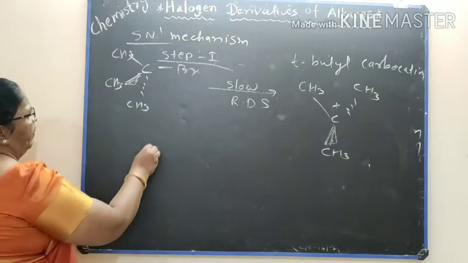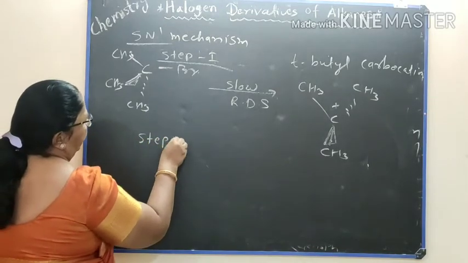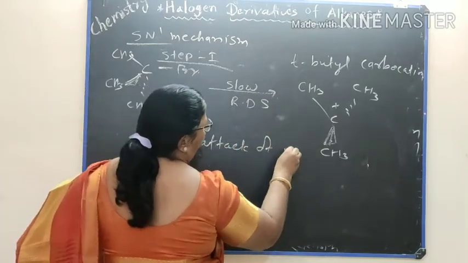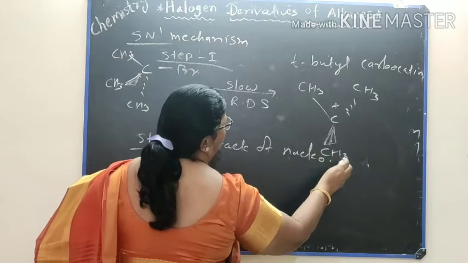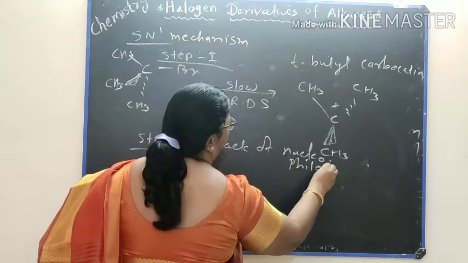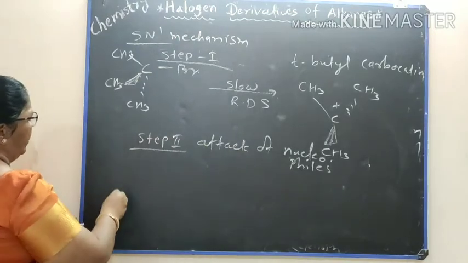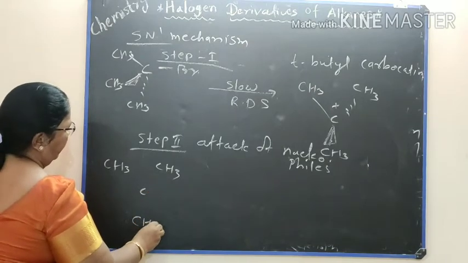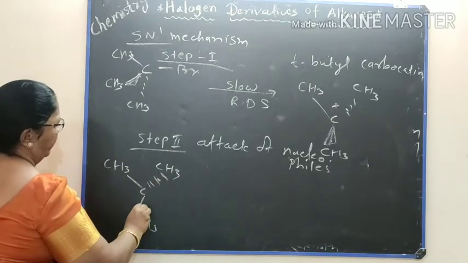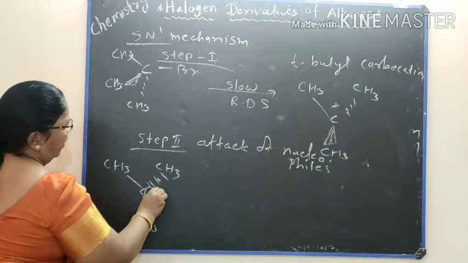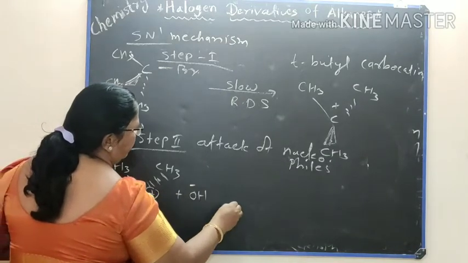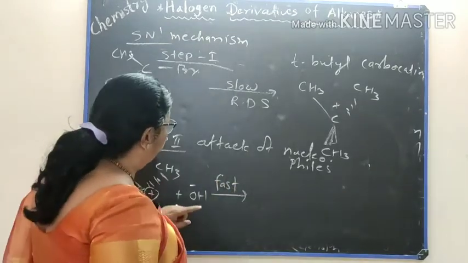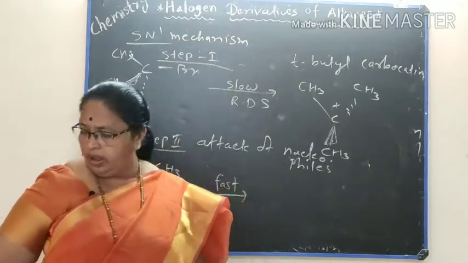Now the second step is the attack of the nucleophile. See, this is the tertiary butyl carbocation. The attack of the OH minus takes place from both sides. This reaction is fast, and two products are obtained.